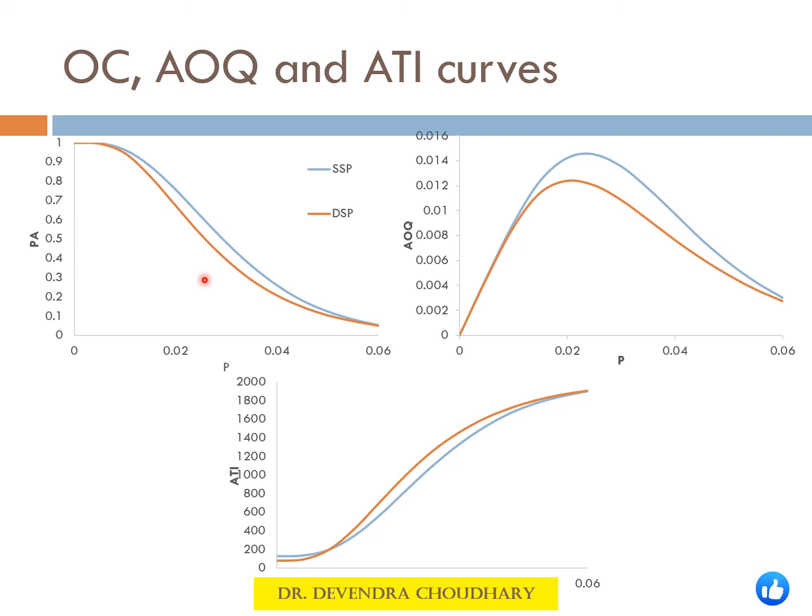If OC curve and AOQ curves are to be considered, then double sampling plan is to be given priority over single sampling plan. If ATI or cost of inspection is a criteria or carries more weightage, then single sampling plan is to be given priority over double sampling plan.